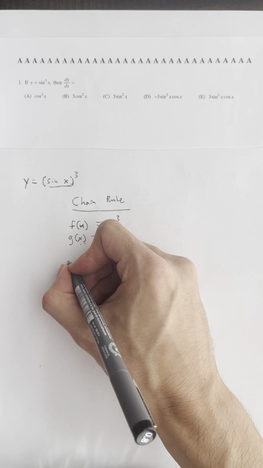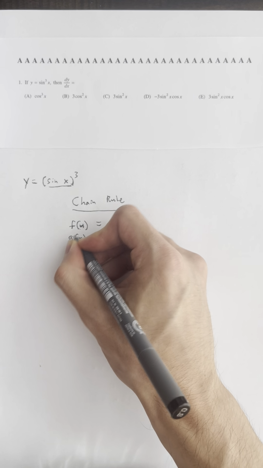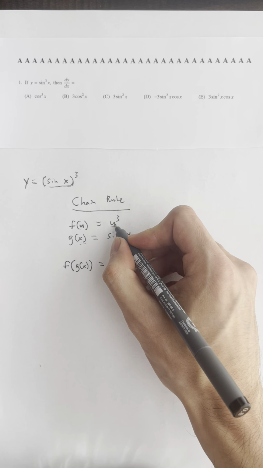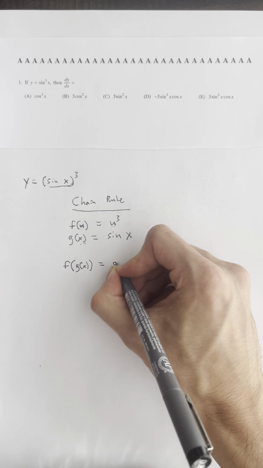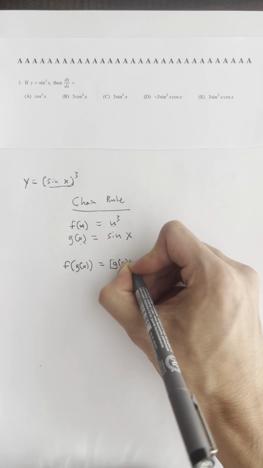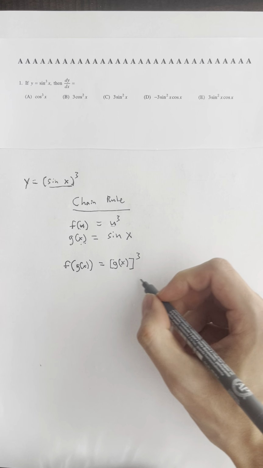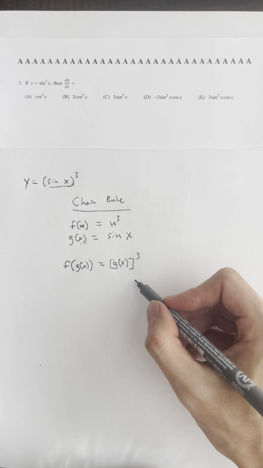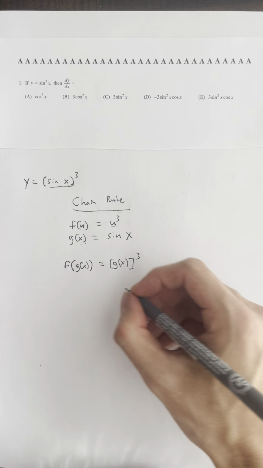I would get f of g of x is equal to g of x cubed. And how do we simplify this? It's the same thing as sine x cubed.